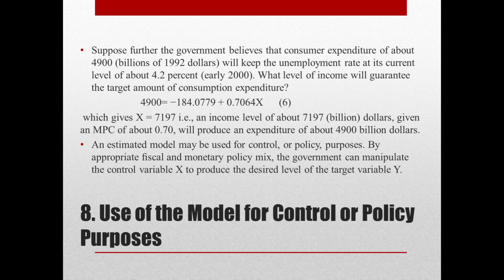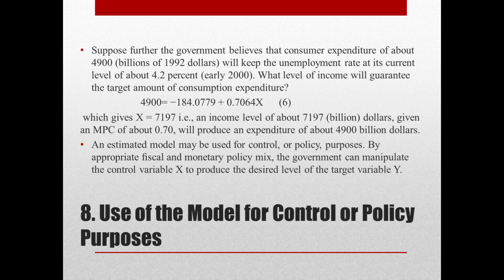So if the government believes that 4,900 billion of expenditure will keep the unemployment rate at 4.2%, then how much income will guarantee this consumption expenditure, right? So we have the values of Y, beta 1 and beta 2. With the help of simple mathematics, we can get the value of X.